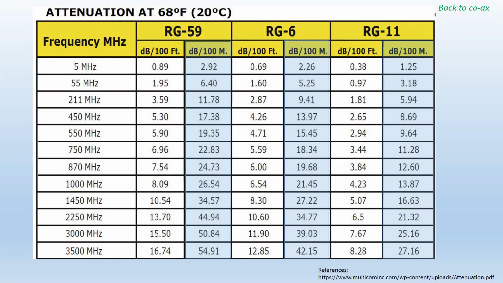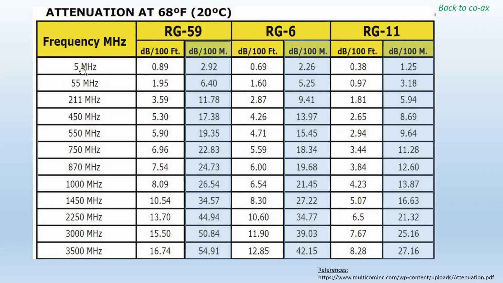All right, so now we're dealing with power. Now you have some kind of a reference for the decibels here per 100 feet. Per every 100 feet, it's going to be attenuated by 0.89 dBs.